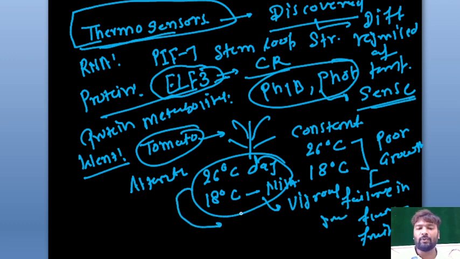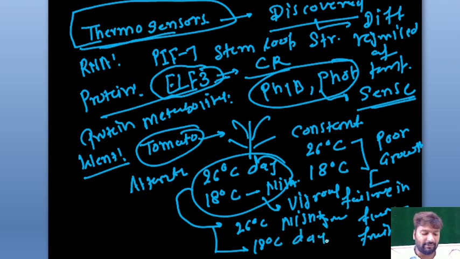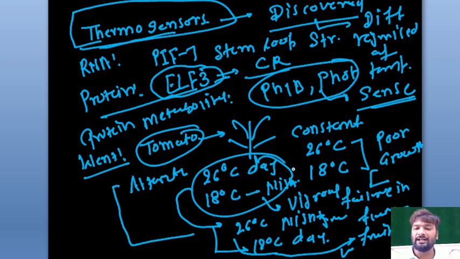And when they opposed this temperature, means 26 degree during night time and 18 degree centigrade during daytime, then there was also failure or very poor growth. So from this study we can say that plants need a variation in the day and night temperatures, and the night temperature is more important than the day temperature.